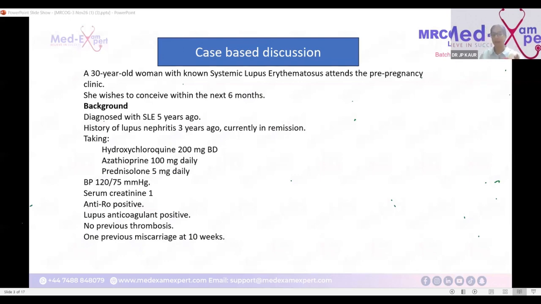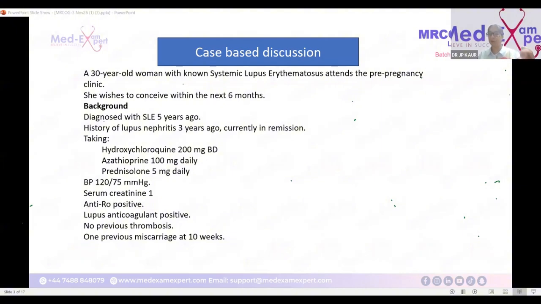When they ask you how you will manage the pregnancy, I will also see which medication she is taking. She is taking these medications and her lupus nephritis is in remission. The patient seems to be in a remission phase. Her blood pressure is normal. I would advise her to continue with the medications, because these seem to be safe during pregnancy and breastfeeding.